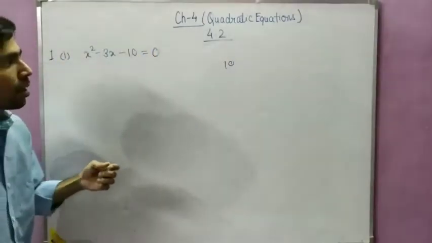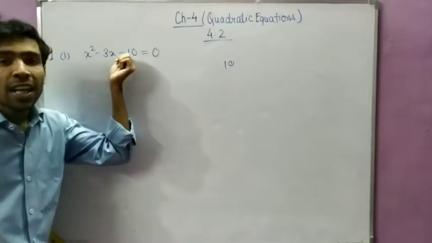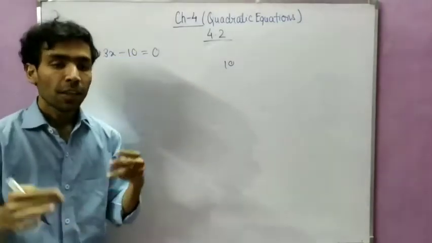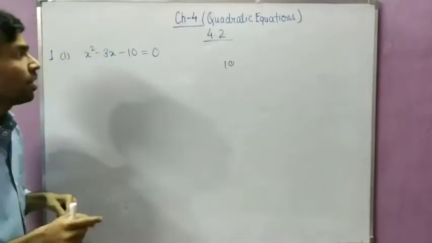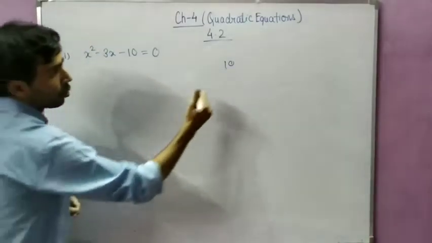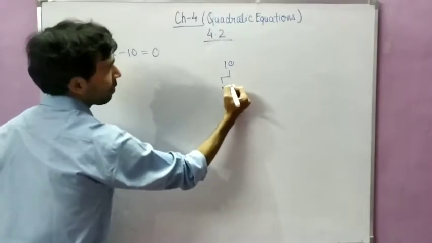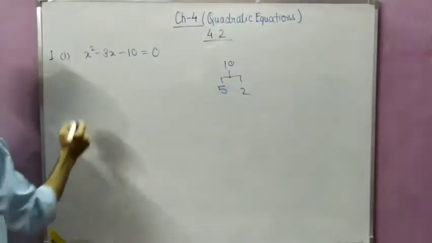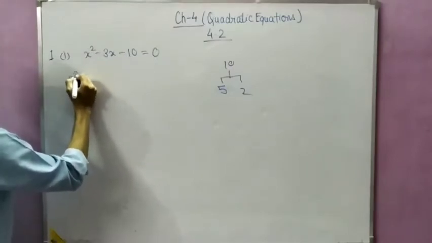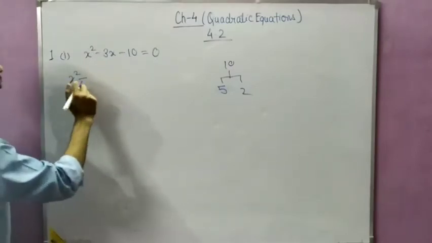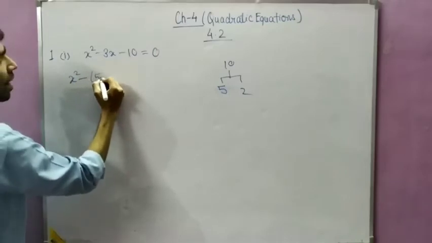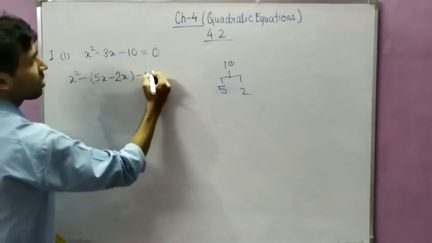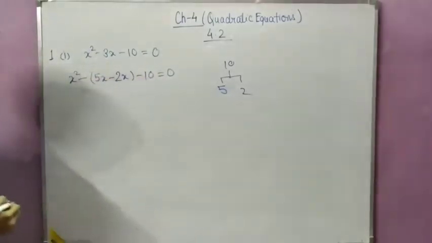Now, because the sign of the last term is negative, we have to take two factors such that when we subtract them, we get 3. The factors of 10 will be 5 and 2. So I can write x square minus, because minus is here, bracket 5x minus 2x, minus 10 equal to 0.